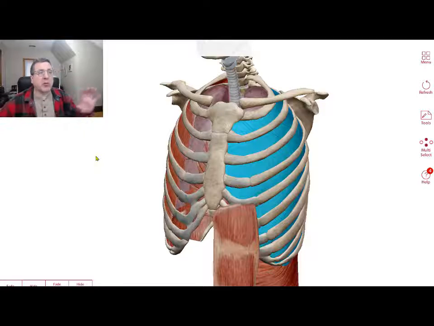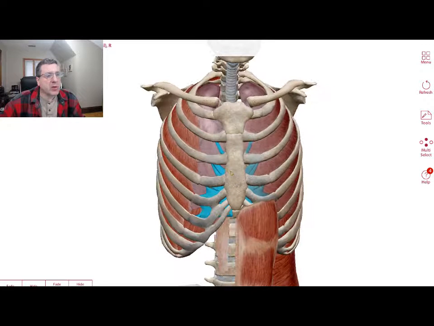Okay, so that's going to be forced exhaling on this one. So when you contract those muscles, it's pulling the rib cage back down, making your thoracic cavity smaller. We're going to have the transverse thoracic muscles up in here, another muscle we did not learn. It does the same thing.